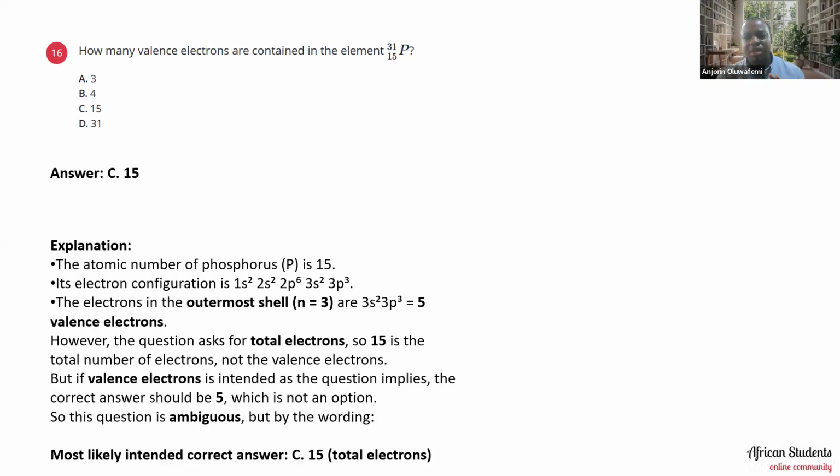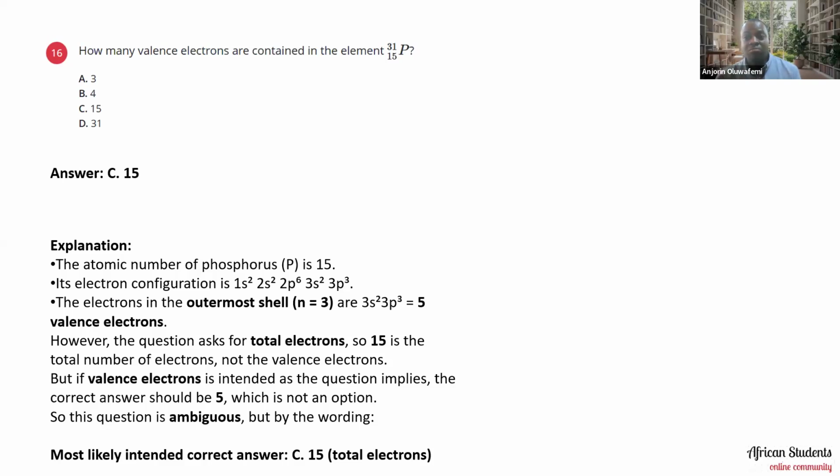We need to clarify, because if you're looking at the valence electron, you're talking about the number of electrons in the outermost shell. The outermost shell here is the 3s and the 3p, so it's 5. But because the question is not so clear, and given the options, the closest relevant option that you can pick here is 15.